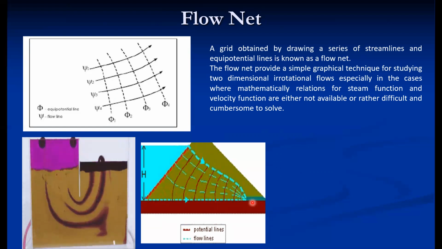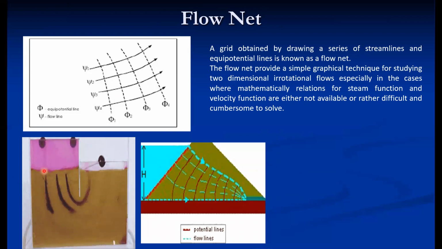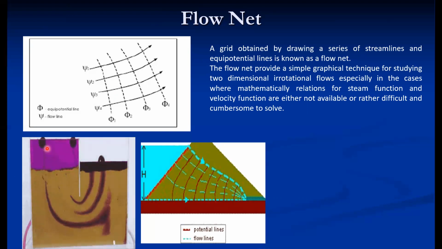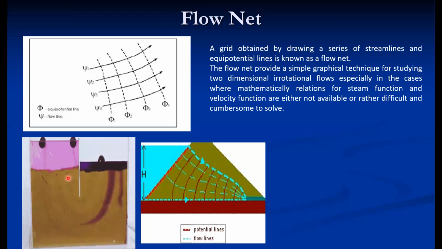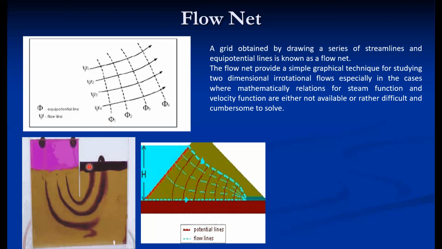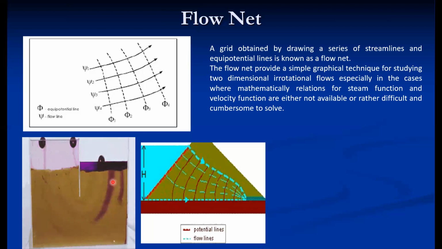This is one experiment where this side is at the high level and this side is at the low level, and if color dye is introduced in the soil, you can see it takes the form of streamlines. These are the different streamlines, because the level here is high and here it is low, so obviously the flow takes place from this side to this side.